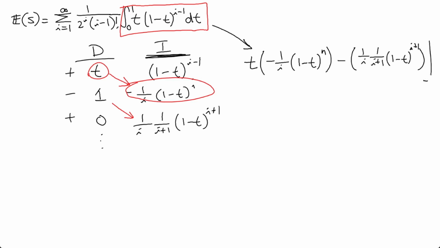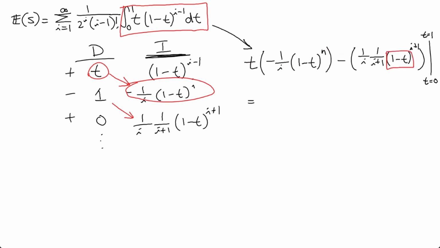All of it evaluated from t equals 0 to t equals 1. When you substitute 1 for t, it's easy to see that everything cancels. 1 minus 1 is 0, so the first term is 0.